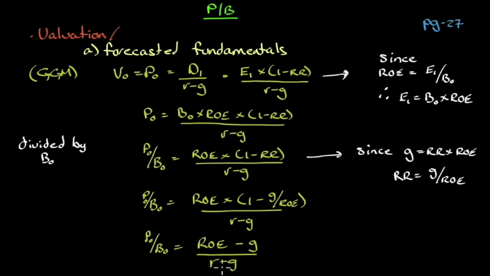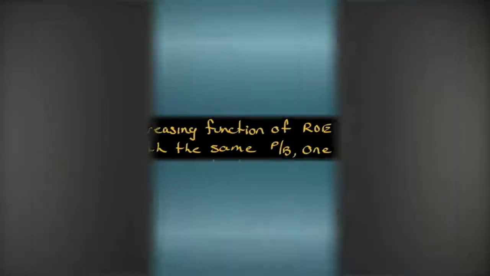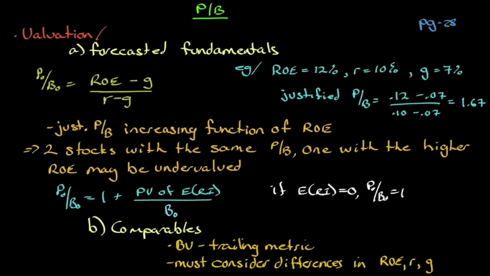This is telling us that a justified price to book can be determined by the return on equity, the growth rate, the earnings growth rate, and the required rate of return. And we can see that price to book is an increasing function of ROE. So let's just look at it in an example, and then we'll revisit that idea of price to book being an increasing function of ROE.